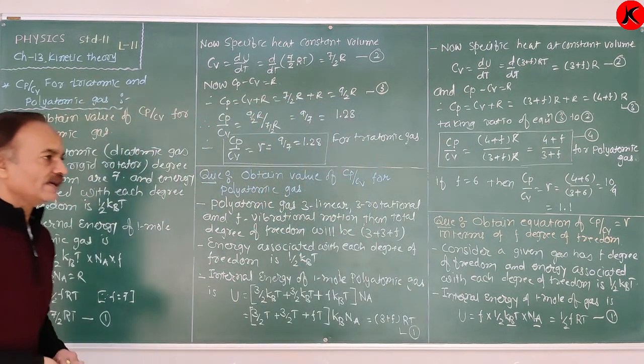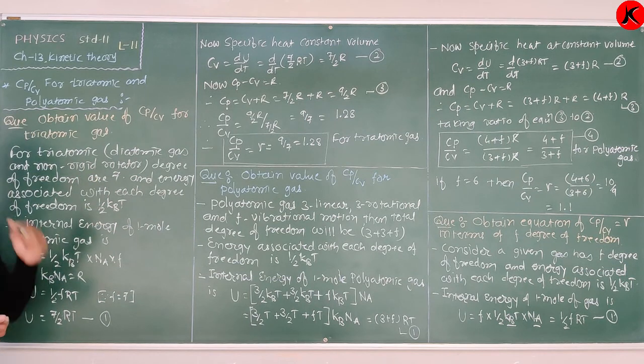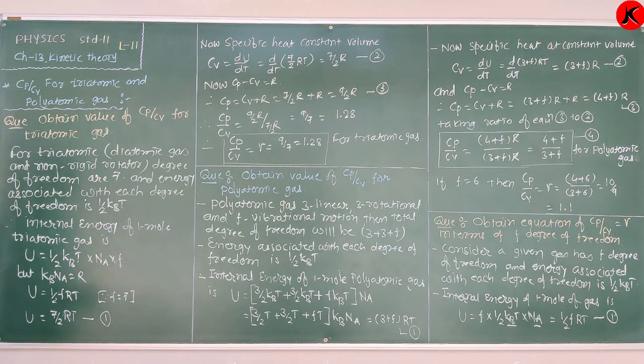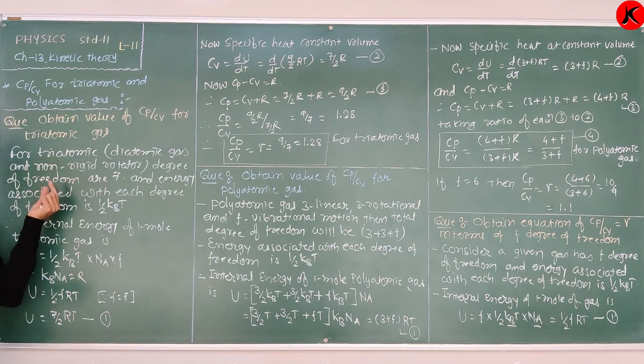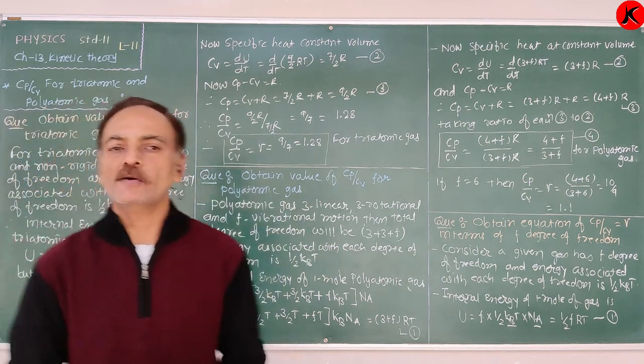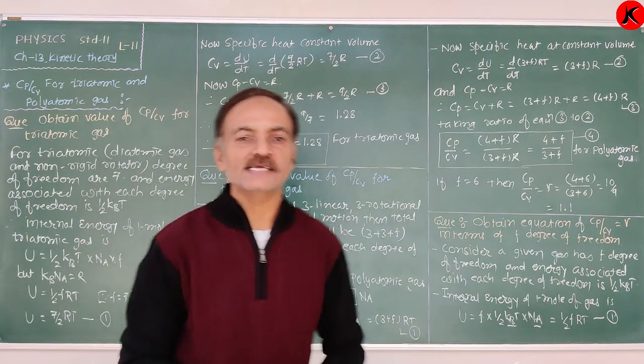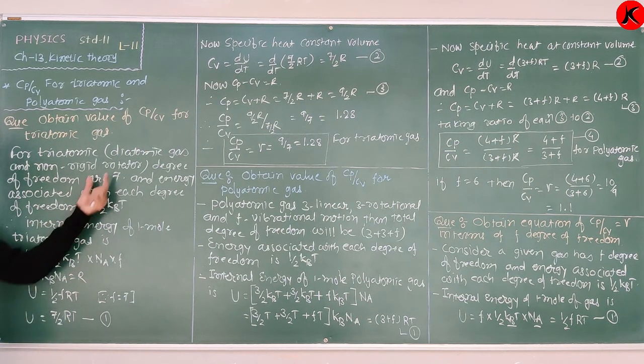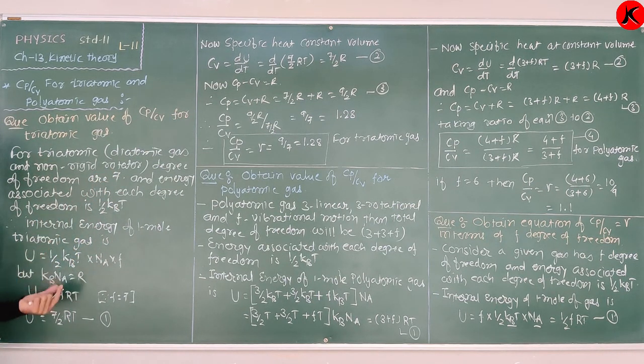Therefore, the total 7 independent motions are possessed by the molecule of the diatomic gas with non-rigid rotator. Therefore, the degree of freedom is 7, and the energy associated with each degree of freedom from the law of equipartition of energy is half kBT. The method is the same, as we already discussed.